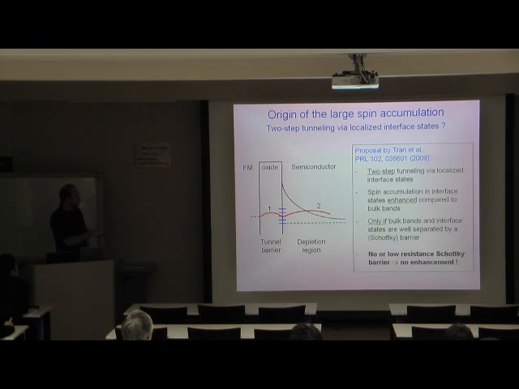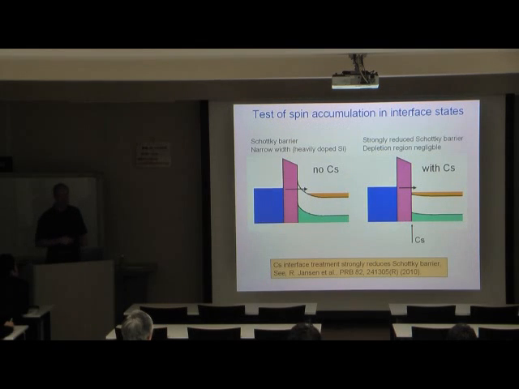However, if there's no Schottky barrier, or if there's a low resistance Schottky barrier, the electrical contact between the interface states and the bulk bands is very good, and in that case you cannot have a different spin accumulation in the bulk bands and the interface states. So what we decided to do is a test experiment with a technique that we developed earlier using cesium.